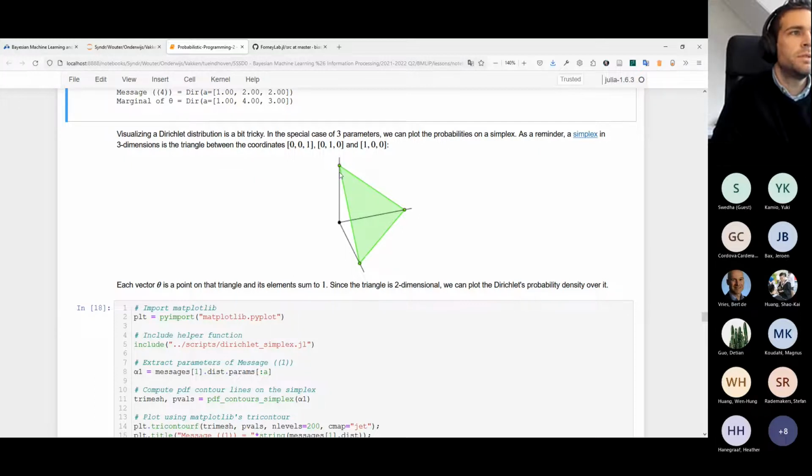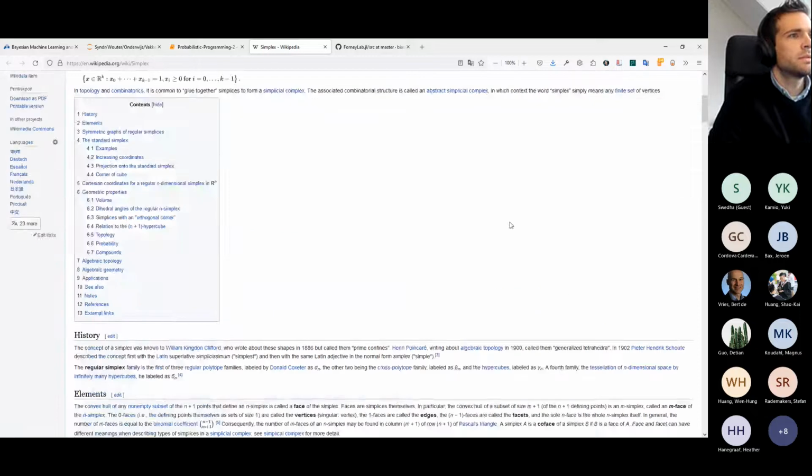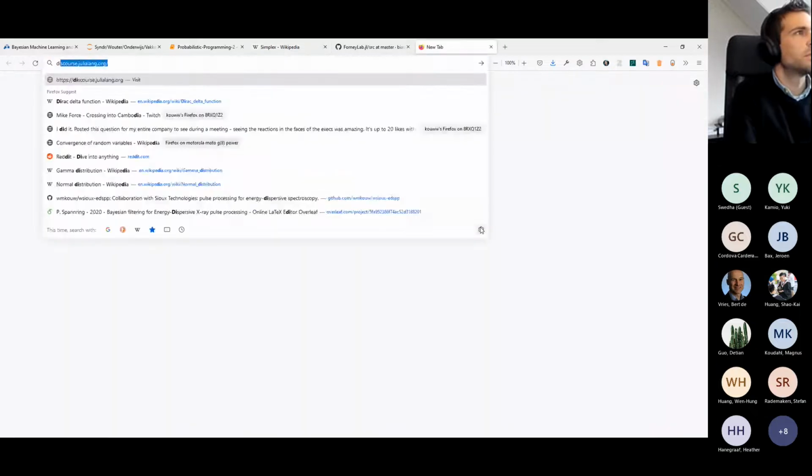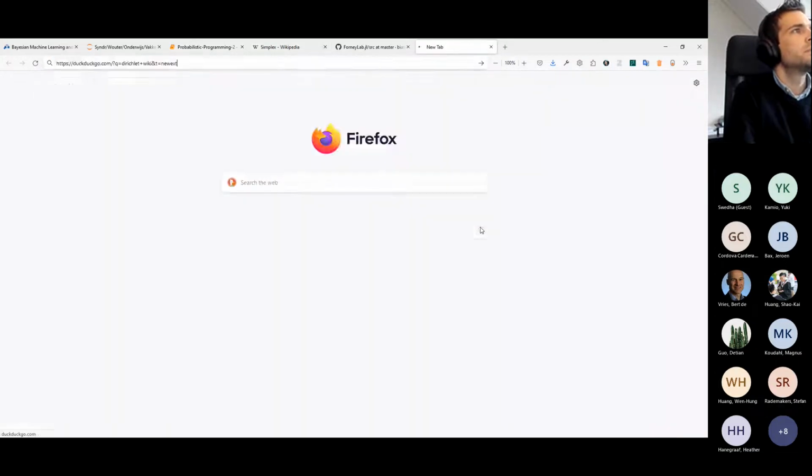It's kind of hard to visualize the Dirichlet distribution on this two-dimensional plane cutting a three-dimensional system. I took this picture from the Wikipedia page for the simplex, I think.